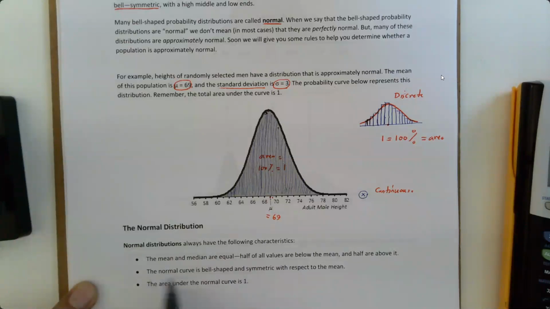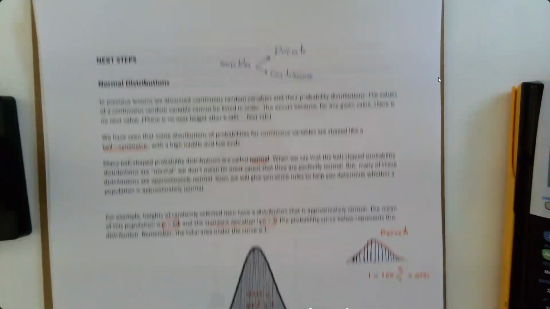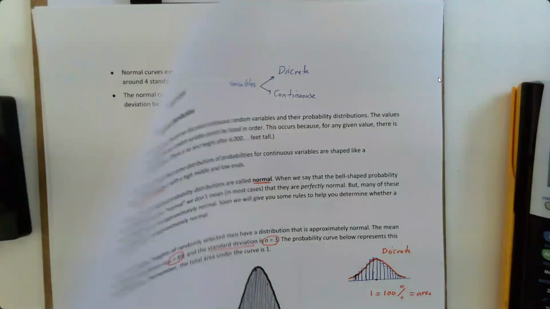The normal curve is bell-shaped and symmetric with respect to the mean. And the area under the normal curve is equal to 1 or 100%. Okay, perfect. Next page.